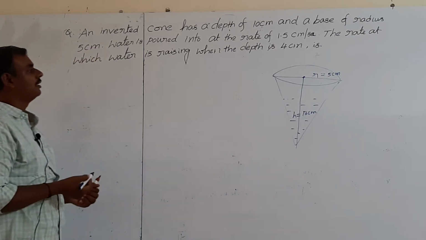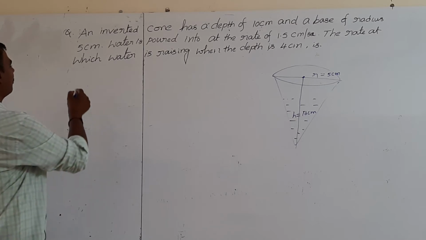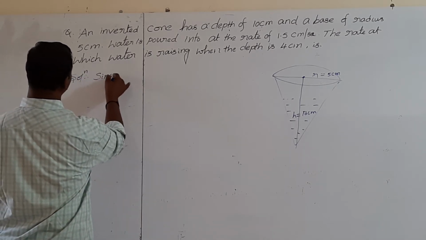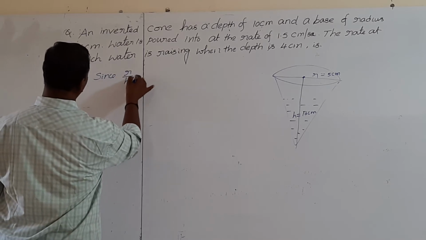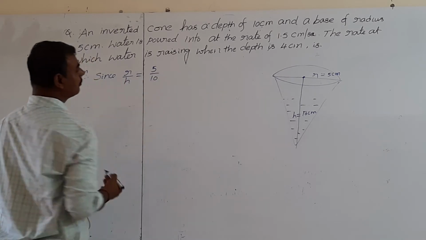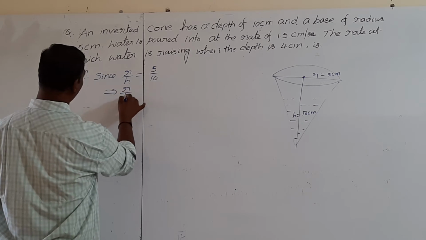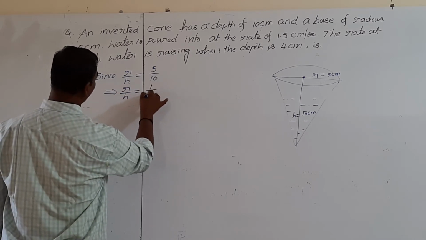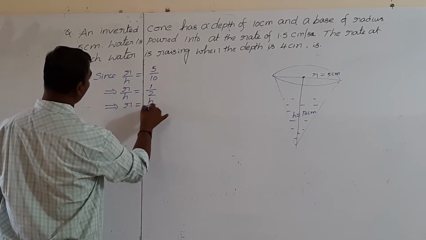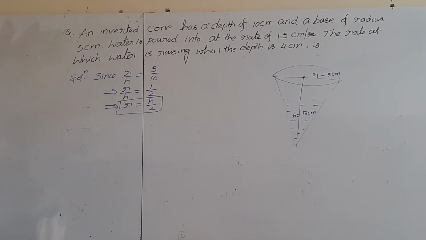From this, r by h is equal to 5 upon 10. We can calculate either r or h value. r by h is equal to 1 divided by 2. If you want radius, r is equal to h by 2.